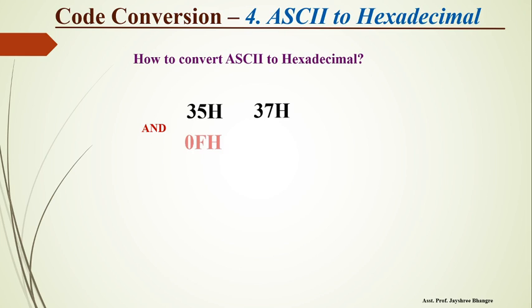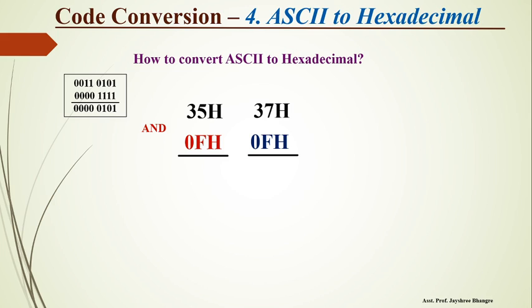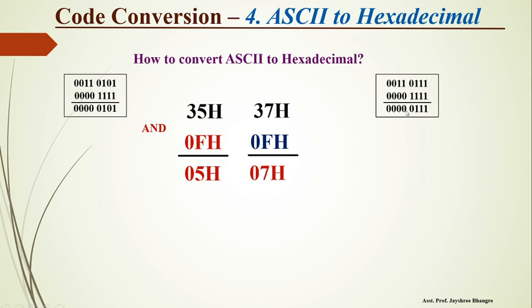For that we are using the AND operation. We are ANDing 35H with 0FH to separate this number, and 37H with 0FH as well. After the first ANDing we get 05H, removing the 3 from this number, and from the second AND operation we remove the 30 and get 7H.